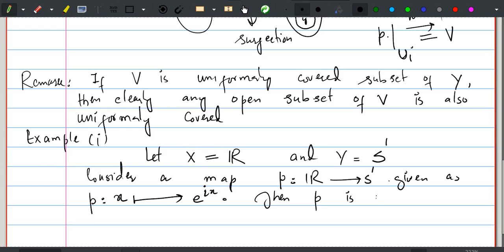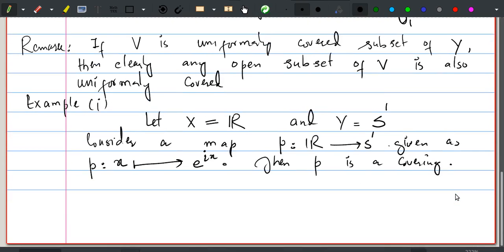To prove P is a covering, first of all, by definition P is surjective, because for each point on the circle S1 there is some real number x such that P of x is that point on the circle.